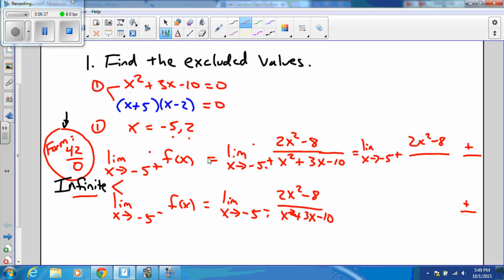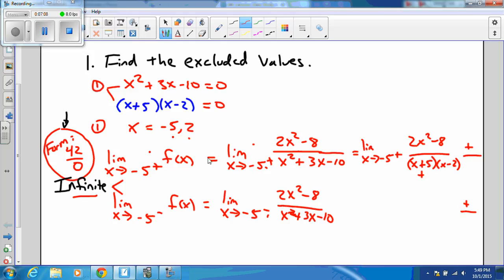x squared minus 8. And I'm going to write just the factor form at the bottom, x plus 5, x minus 2. In the denominator here, as x goes to -5 from the right, then -5, a number that is a little bit larger than -5, maybe -4.9, plus 5 is going to give me a positive residue.